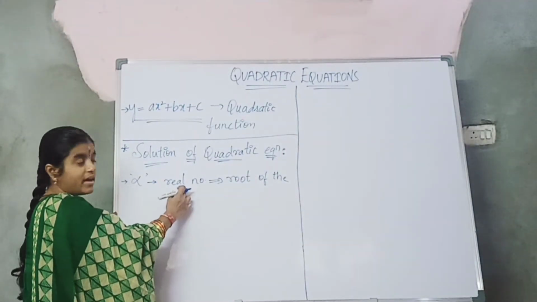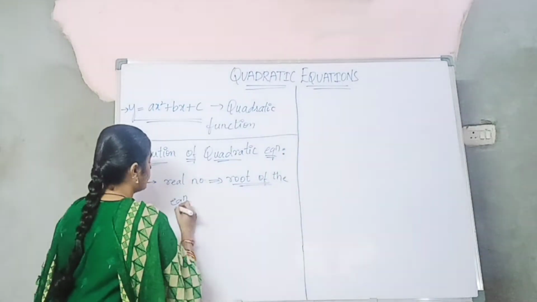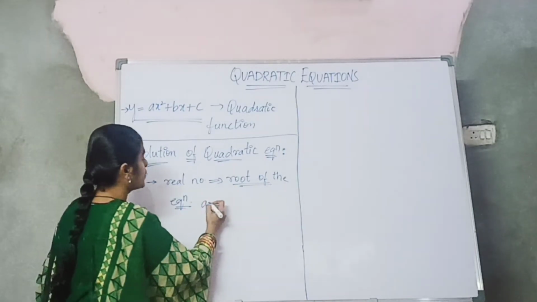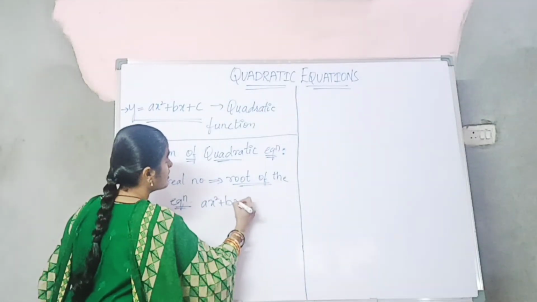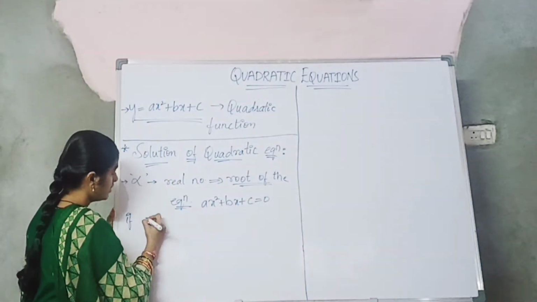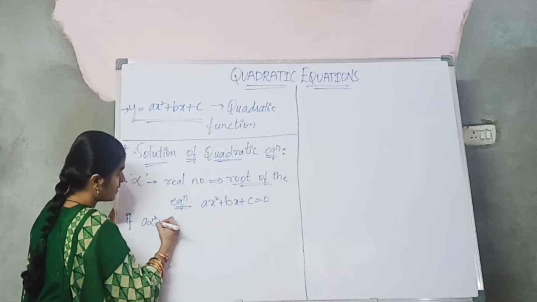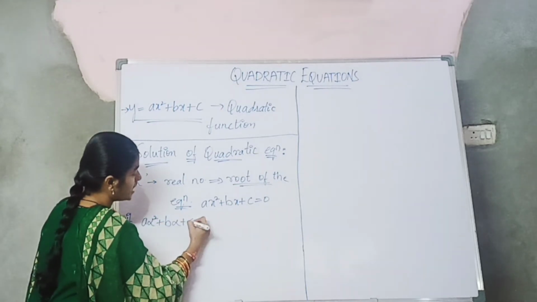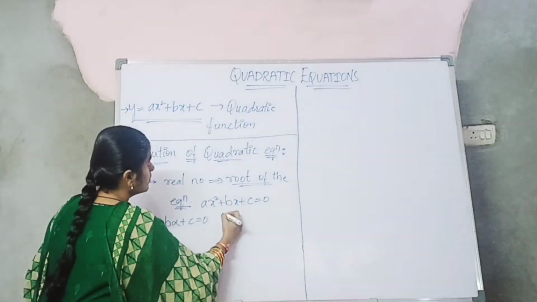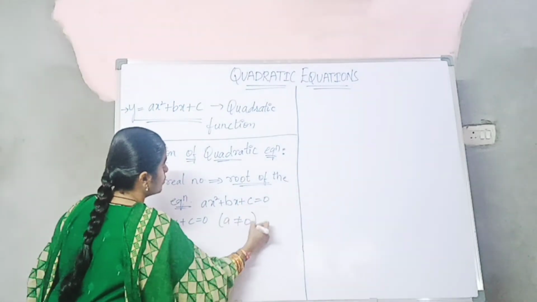It is called as the root of the equation ax square plus bx plus c equals to 0, if a alpha square plus b alpha plus c equals to 0, where a not equals to 0.